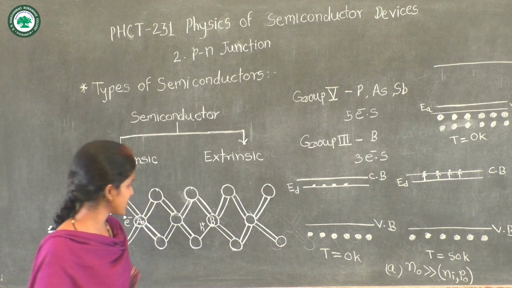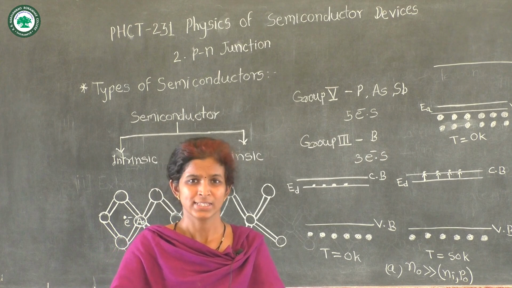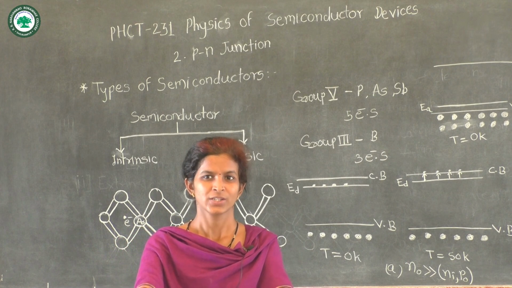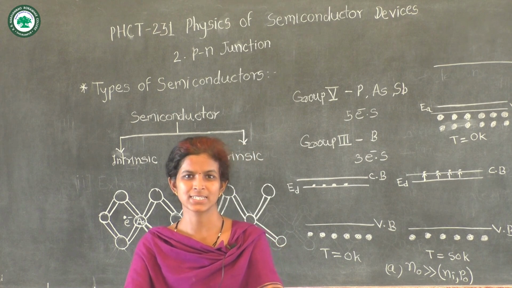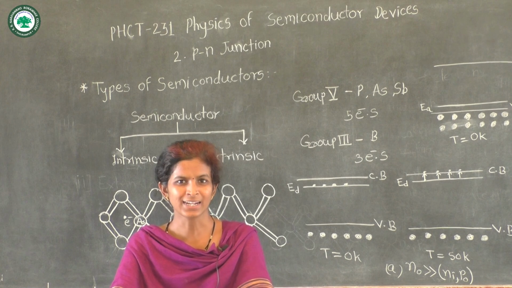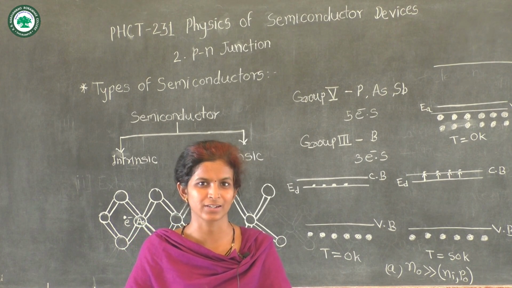So this is the situation within the crystal. So this is all about the types of semiconductor, and with this I conclude this lecture. In the next lecture we will see the direct bandgap semiconductor and indirect bandgap semiconductor. Thank you.